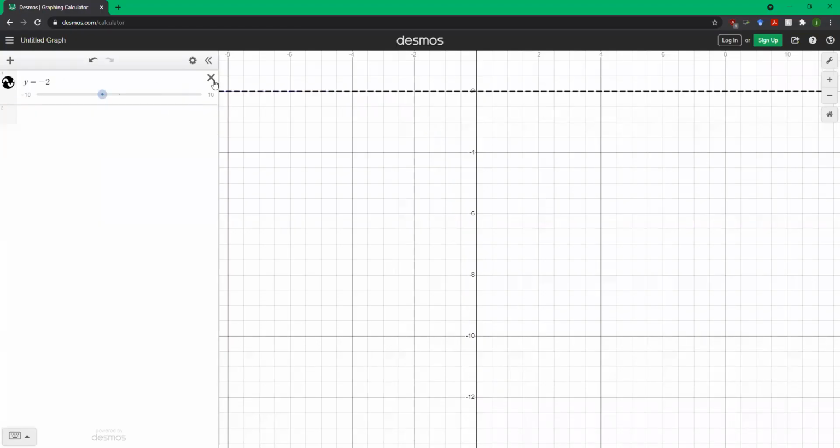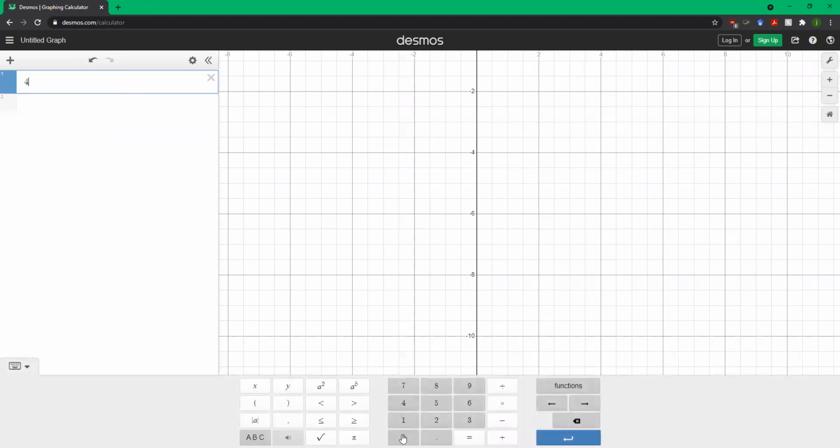So clear this stuff. I had 4,000, left parentheses, 1 plus, I'll need to do the division symbol to open a fraction, 0.0292 divided by 4. Use this right arrow key to come back out, so you can close parentheses.